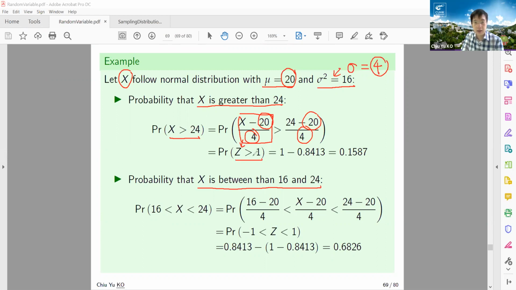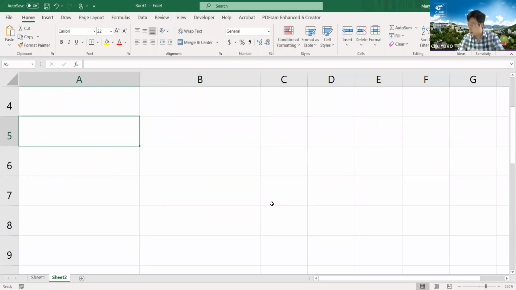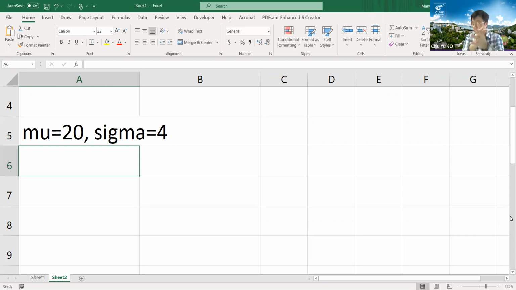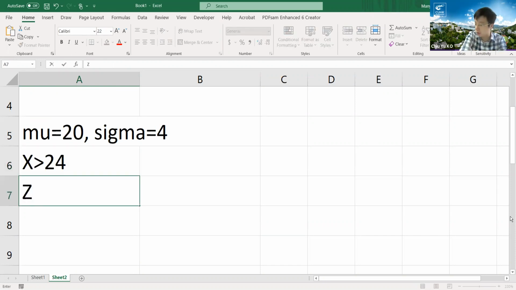Excel can tell you z less than 1, using what we have discovered, and then you subtract it from 1 to get the answer. Let me show you the Excel. Here we have mu is 20 and sigma is 4, and what we want is x more than 24. In that case we know z is bigger than 1.